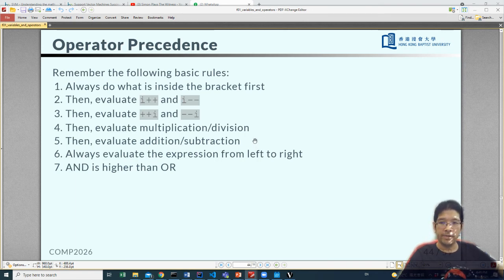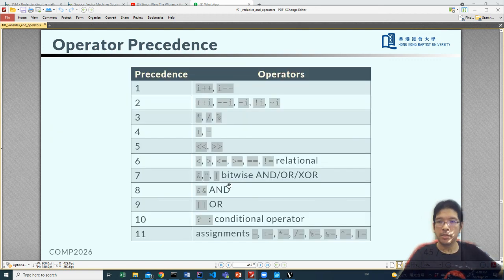We will always evaluate the expression from left to right if they have the same precedence. Okay? And the logical operator and is always higher than the others. So this is the operator precedence.